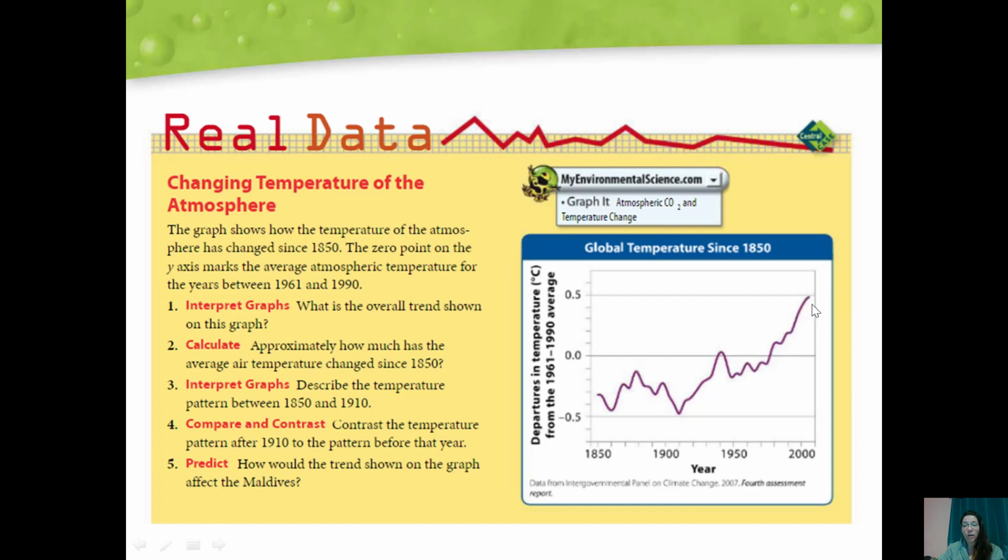As of right now, we're expecting a continued increase. If the temperatures are increasing, we would expect more glaciers to thaw and the temperature of the water to increase, both of which would increase the rise of water, and then ultimately we might see the Maldive Islands disappear.